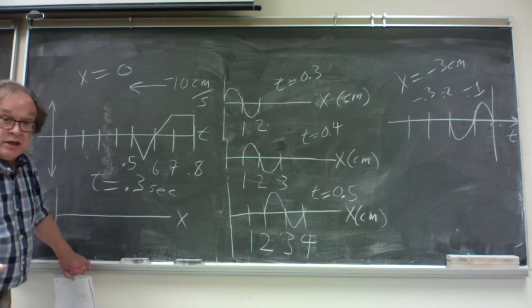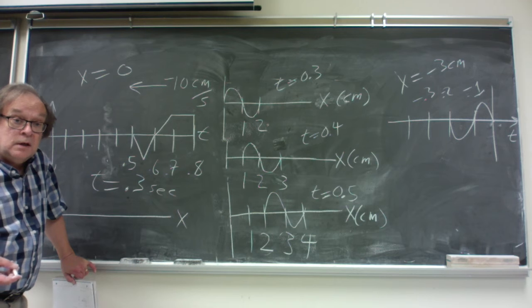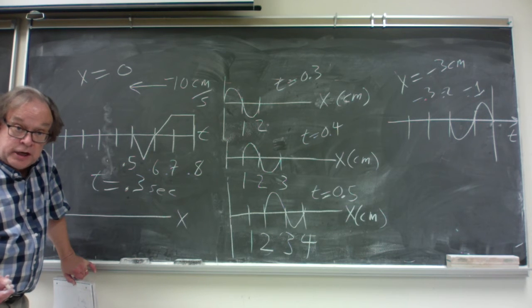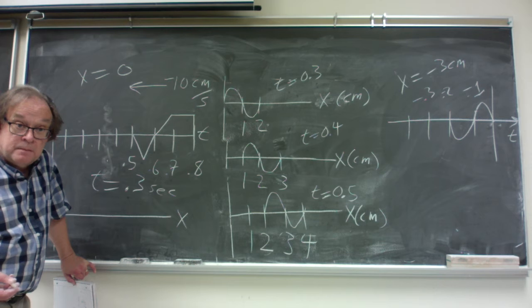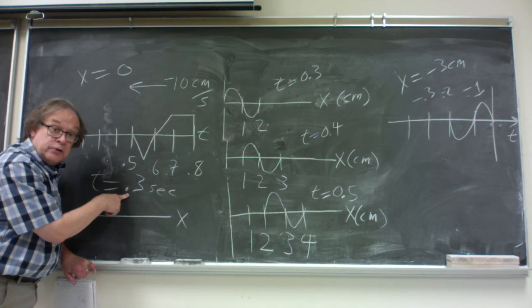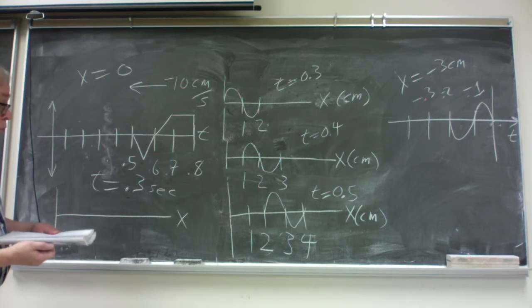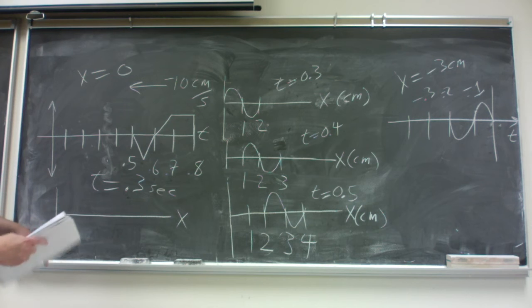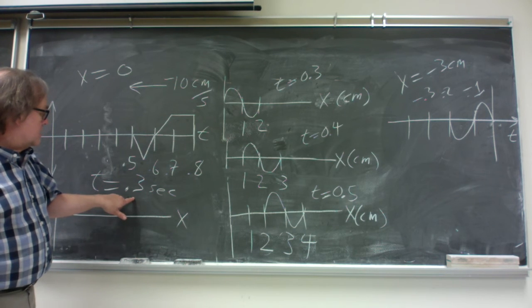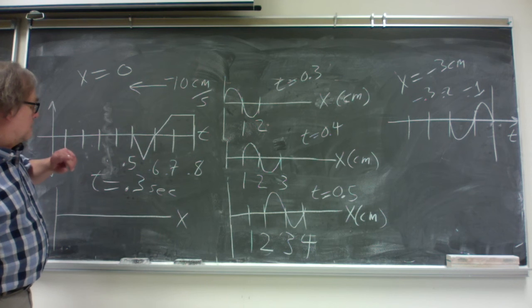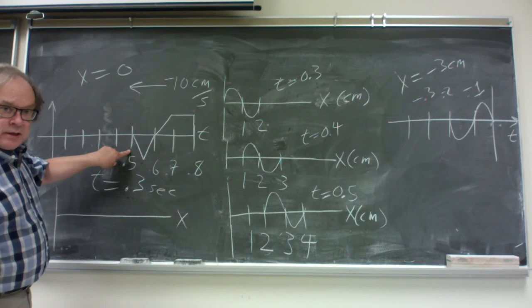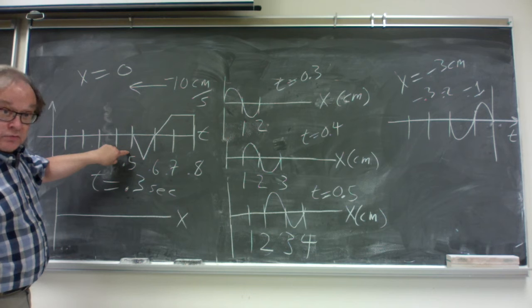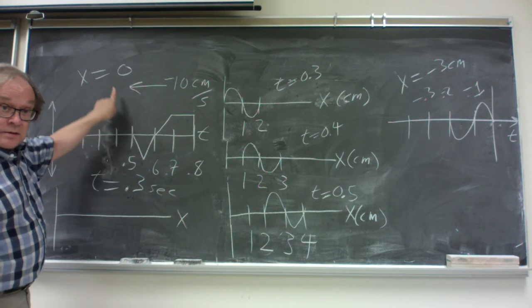And of course, a snapshot shows us the shape of the wave pattern at some particular moment in time. Okay, at 0.3 of a second, well, we know at 0.5 of a second, the pulse had arrived at the x equals 0 point.